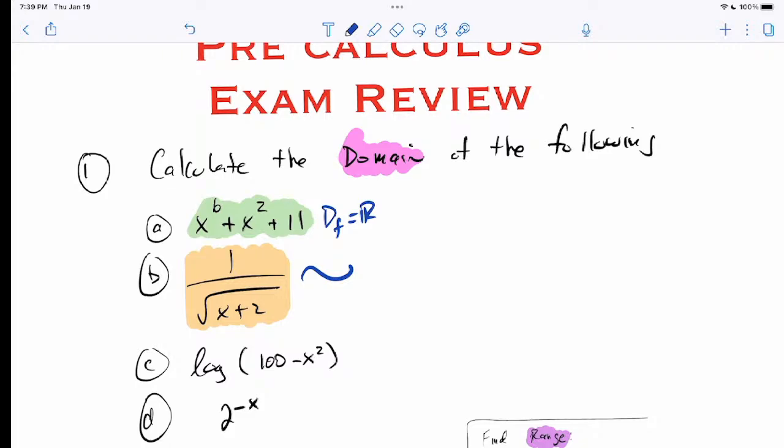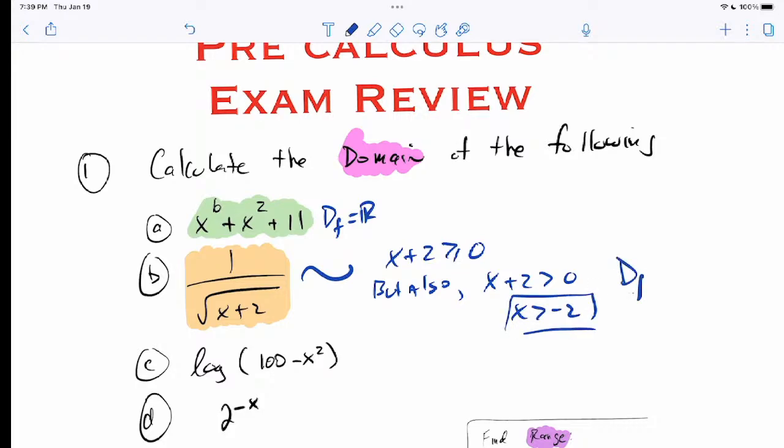For B here, we're in a situation where we can't take the root of a negative number, so therefore x plus 2 must be greater than or equal to 0. But also, we can't divide by 0, so therefore x plus 2 has to be strictly greater than 0, or x is strictly greater than negative 2. So for this one, the domain is going to go from negative 2 to infinity.